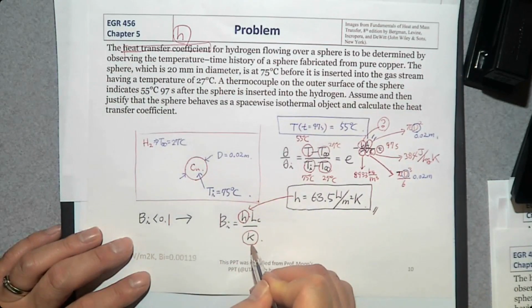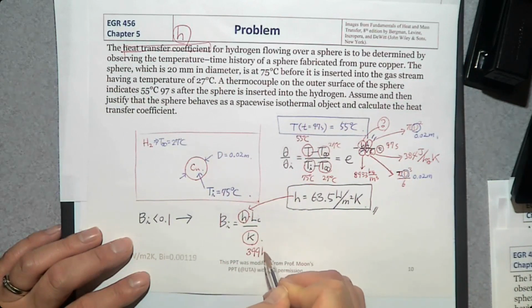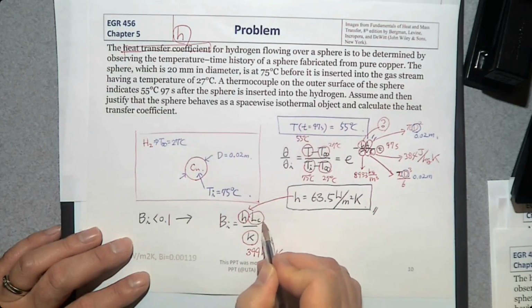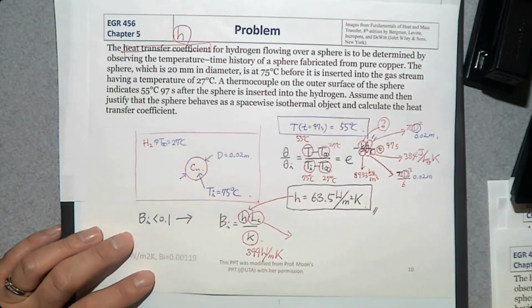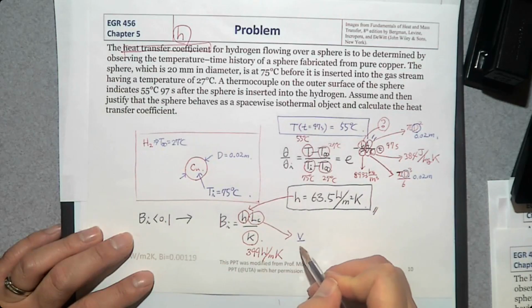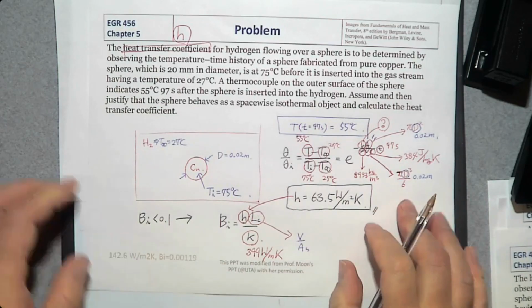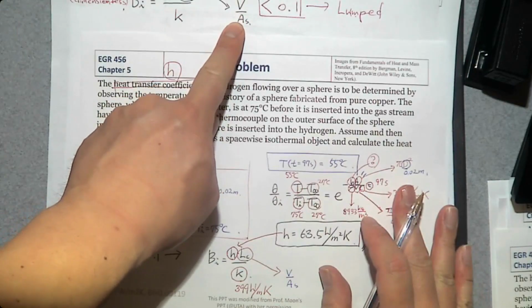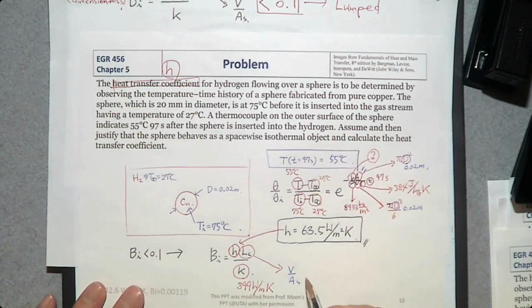What is the thermal conductivity of copper? It's pretty high, almost 400 watt per meter Kelvin. What is the characteristic length? Do you know how to determine characteristic length? Yes, volume over surface area. Shown right here, volume over the surface area. So what is the volume?